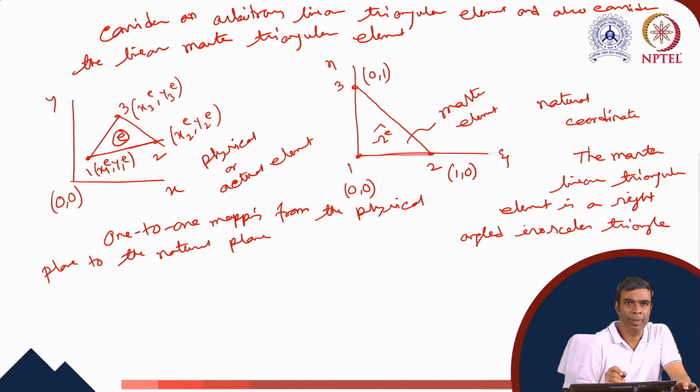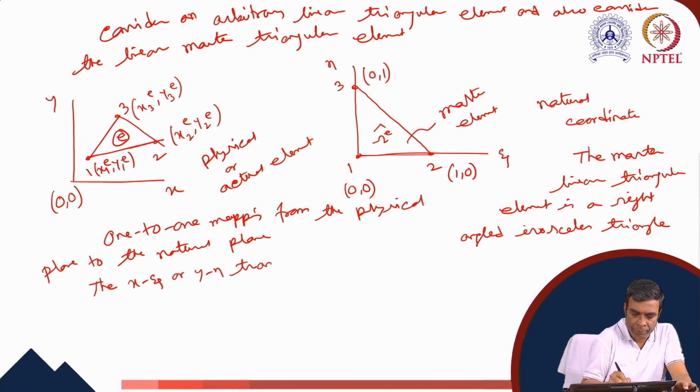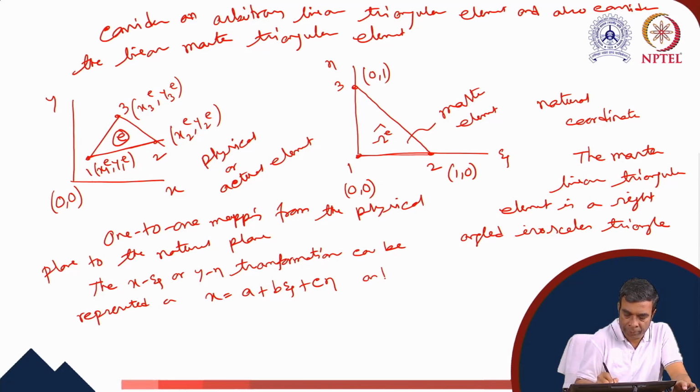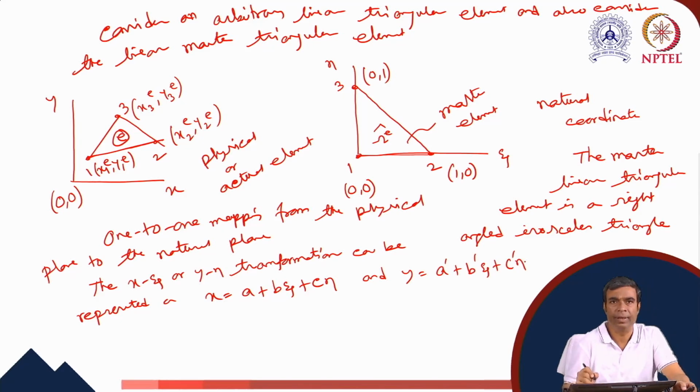Since the element is of linear type, the transformation from x and y to xi and eta can be represented as x equals a plus b xi plus c eta and y equals a dash plus b dash xi plus c dash eta.